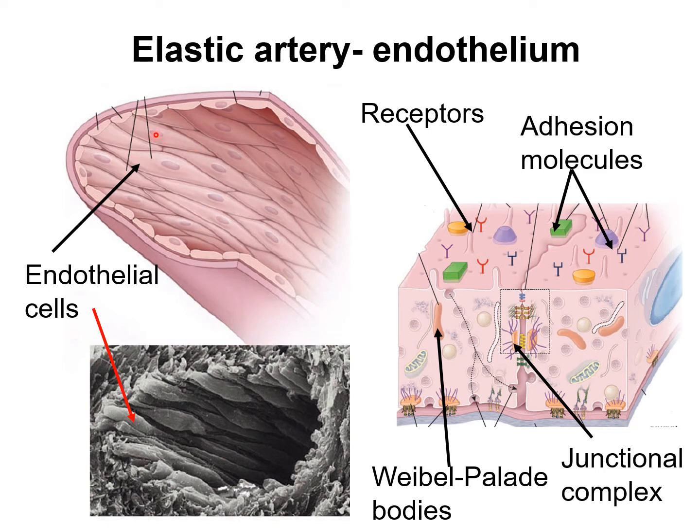And in scanning electron microscopy, the elevation of the nucleus is also visible. This picture represents two endothelial cells. They are connected by junctional complexes, and these junctional complexes are very important for functions.